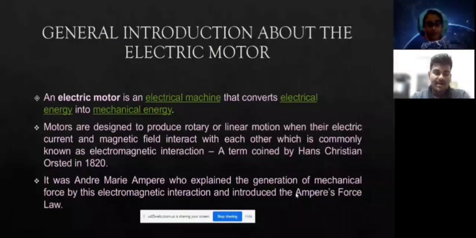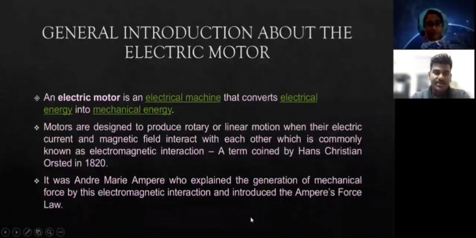In this next slide, I will be giving you a talk on the general introduction about the electric motor. An electric motor is an electrical machine that converts electrical energy into mechanical energy.